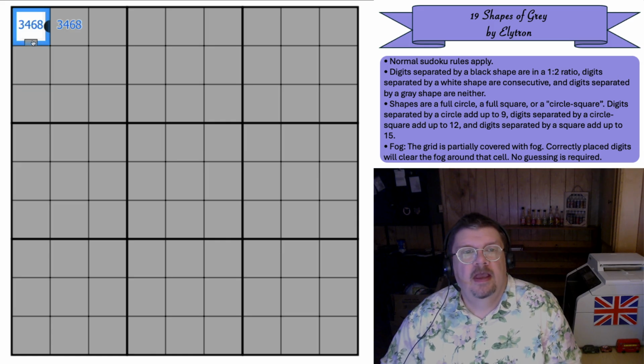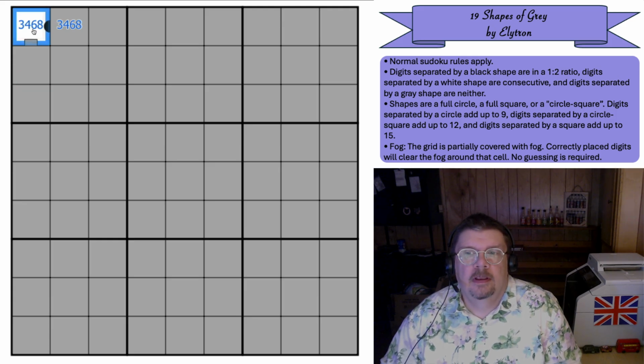So if these added up to 15, this could not be an 8 because this would be a 7 and would be consecutive, but I can't do that on a grey shape.